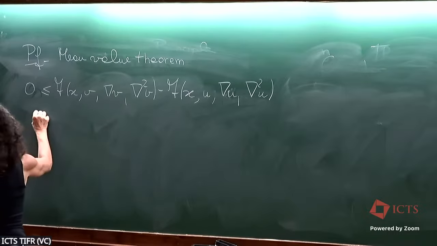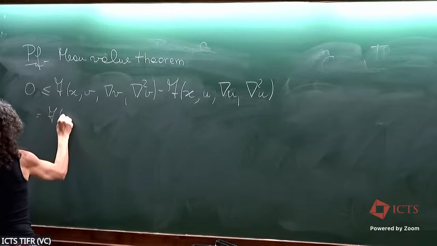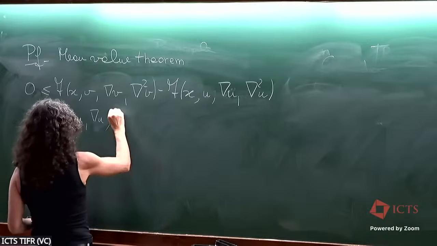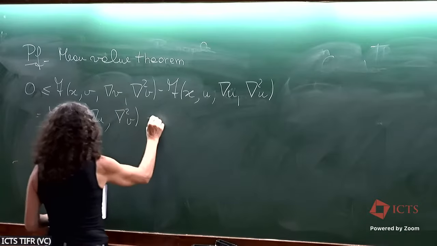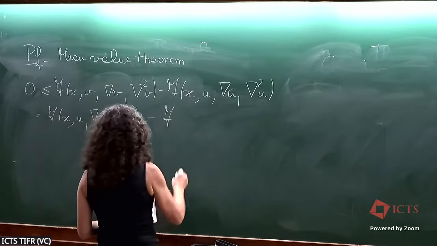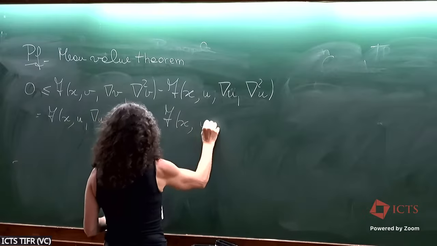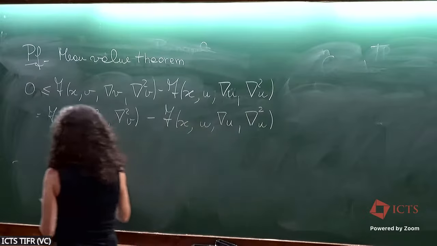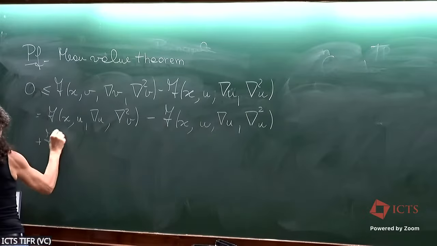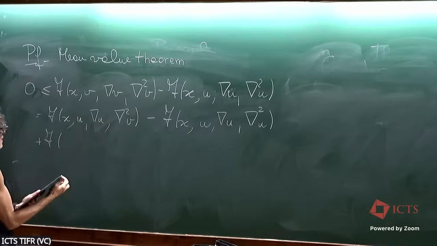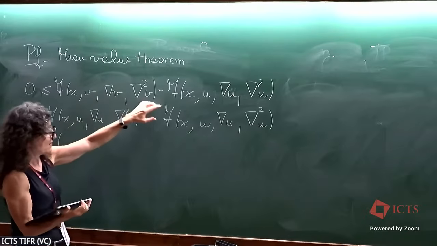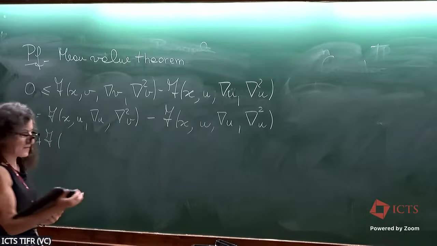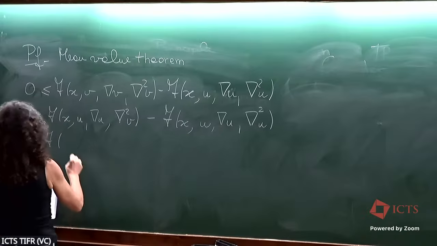So it's equal to F(x, u, gradient u, Hessian of v) minus F(x, u, gradient u, Hessian of u) plus F, and here you have 3 different entries. Now each of the lines will have only 1 different entry so that you can apply the mean value theorem.